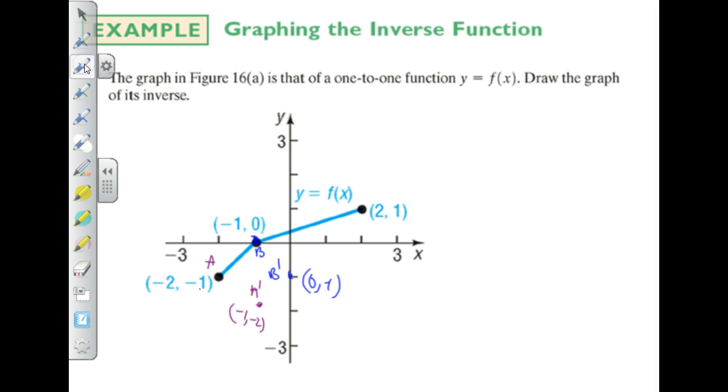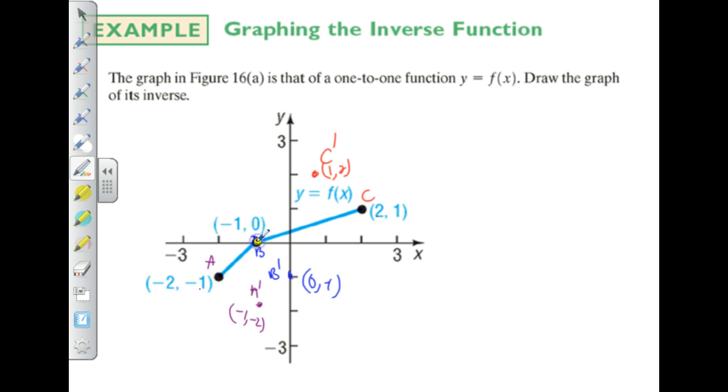And then the last point is 2, -1. I'll flip that around to -1, 2. So if this is point C, this is going to be C prime, and I'll label it -1, 2. And so then I've got 3 points, and all I need to do is connect them together.